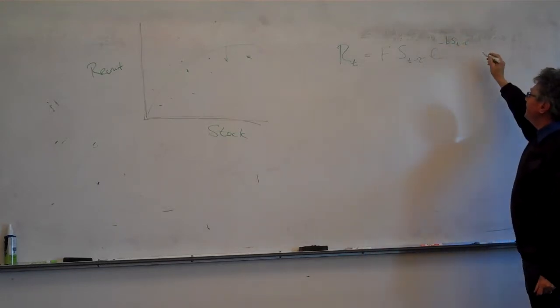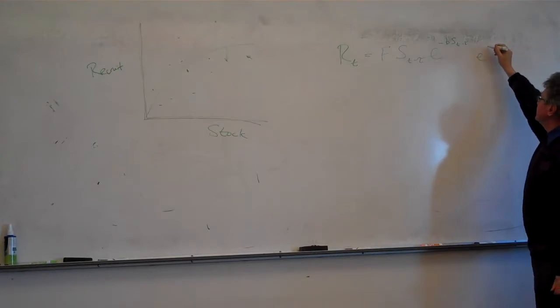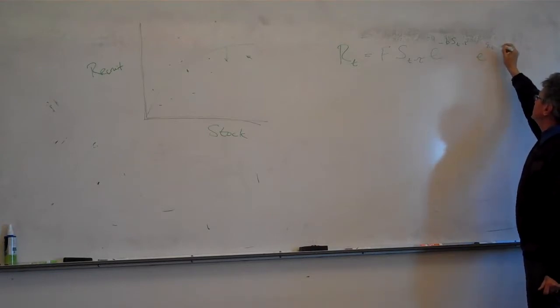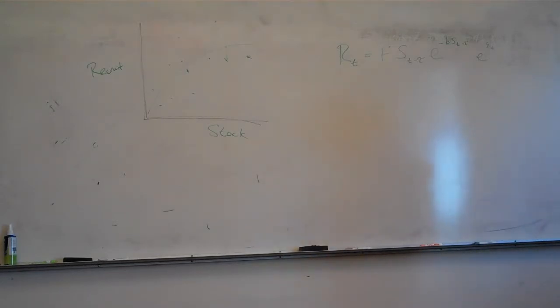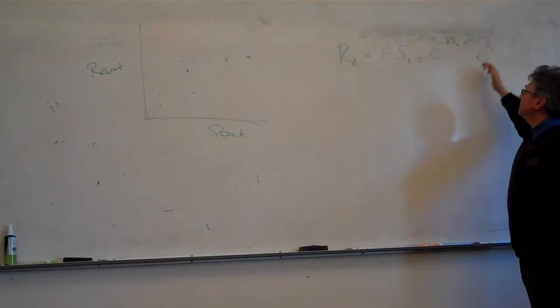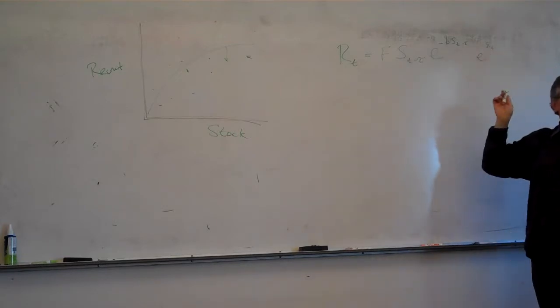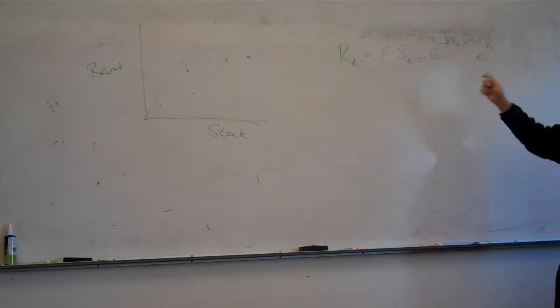And then the noise term is usually log normal. So we expect this to be a stochastic process with a log normal distribution. And so this is the Ricker model.